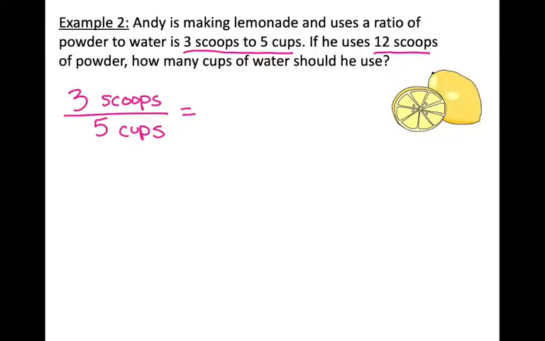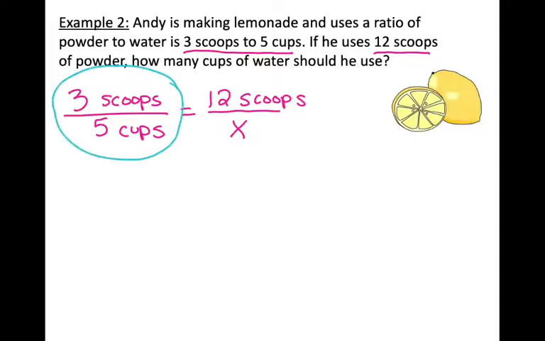Since I had scoops on top on the left, I am also going to put scoops on top on the right. And we don't know the cups of water, so I'm going to put that as x. If you'll notice, when I first set up my first ratio, I always put my units there because that helps me figure out what units go on this side, because the same units need to be across from each other.